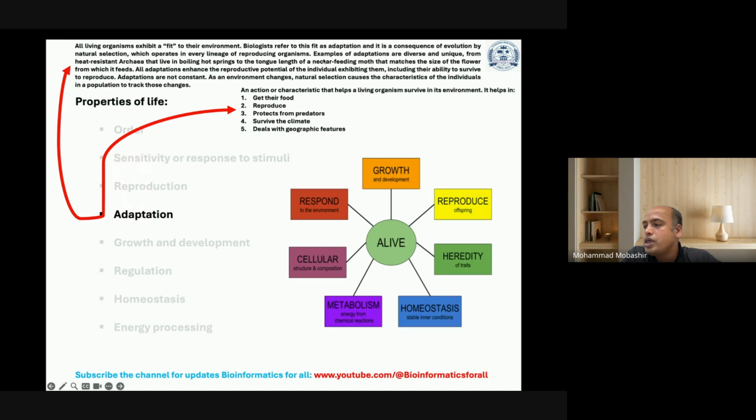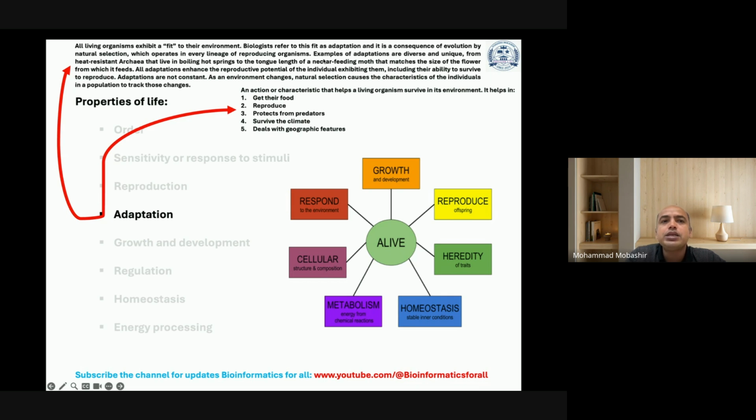Now, homeostasis. Homeostasis, in a defined way, means to maintain the cell's current state for proper functioning and control and coordination. To function properly, a cell requires appropriate conditions such as proper temperature, pH, and concentrations of diverse chemicals.